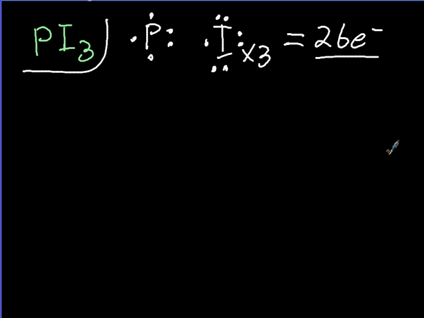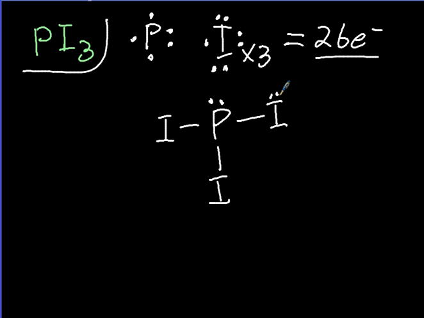So for the Lewis structure, put the P in the middle. Again, the least electronegative goes in the middle. We have our 3 iodines on the outside. Now follow the octet rule. 1, 2, 3, 4, 5, 6, 7, 8. Phosphorus is good.